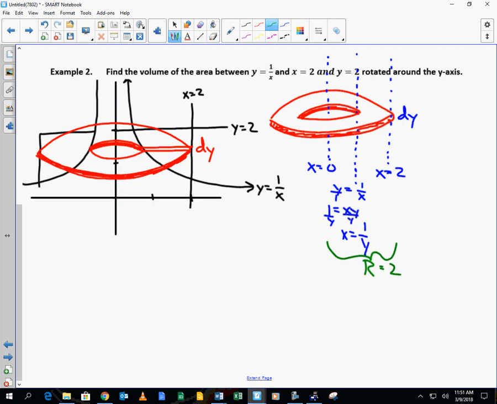And then the inside radius would be 1 over y minus 0, which is just 1 over y. So I'm going to write down the volume of one washer, pi times big R squared. What's big R squared? 4 minus little r squared dy.